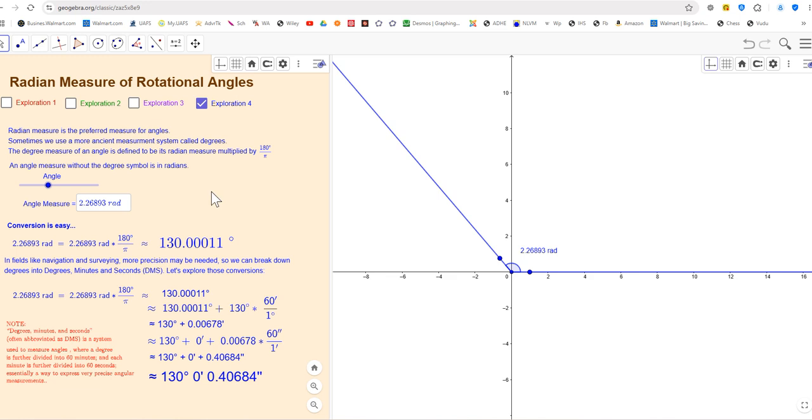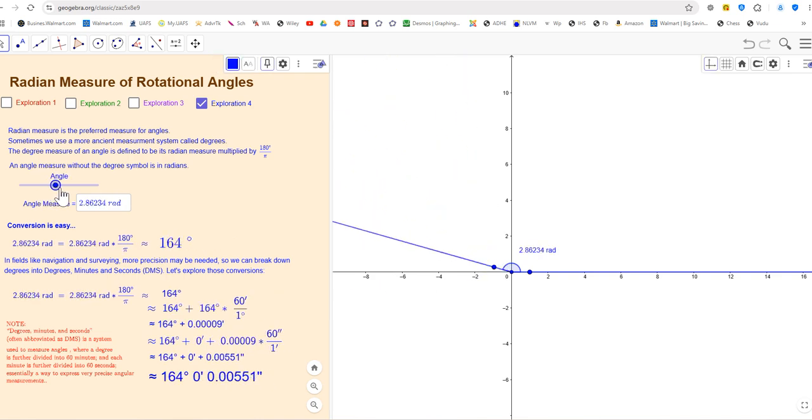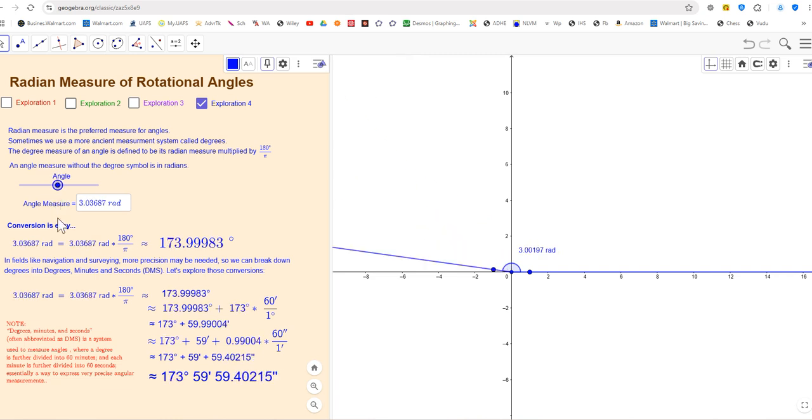This is converting between angles measured in degrees, minutes, and seconds. We've talked about this before. In degrees, we have 360 degrees for a full circle. And here we have it in radians.